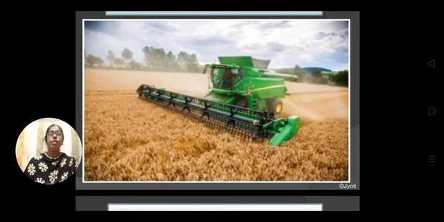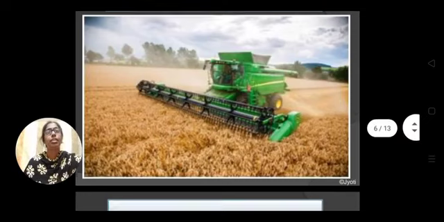Harvesting means the crop is cut, and threshing means removal of seeds from the chaff. Both the functions are done by this instrument, or you can say the machine. Okay, and this makes the process easier.